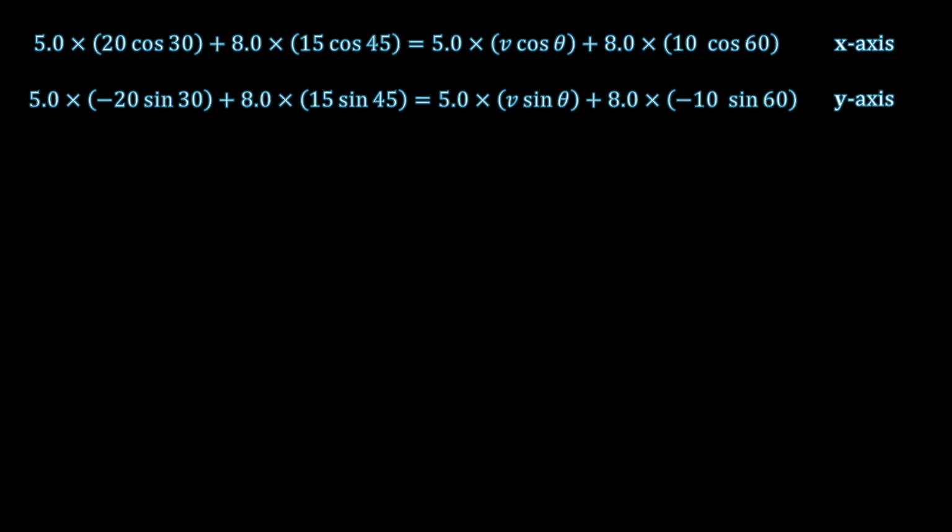If we rearrange the equation along the x-axis, we have v cos theta equals 26.29. And if we rearrange the equation along the y-axis, we have v sine theta equals 20.83. All we need to do now is to solve for v and theta.